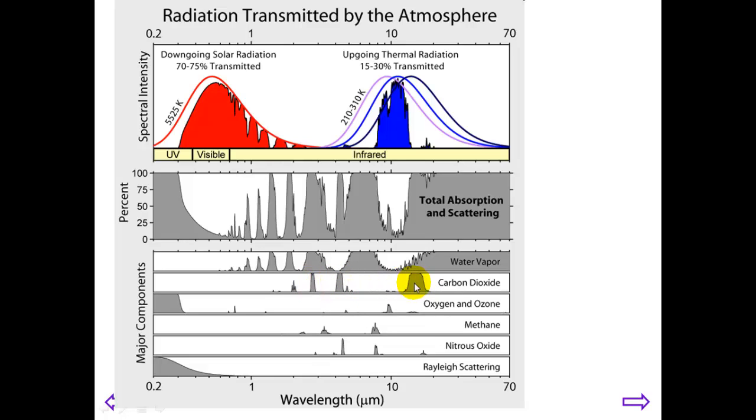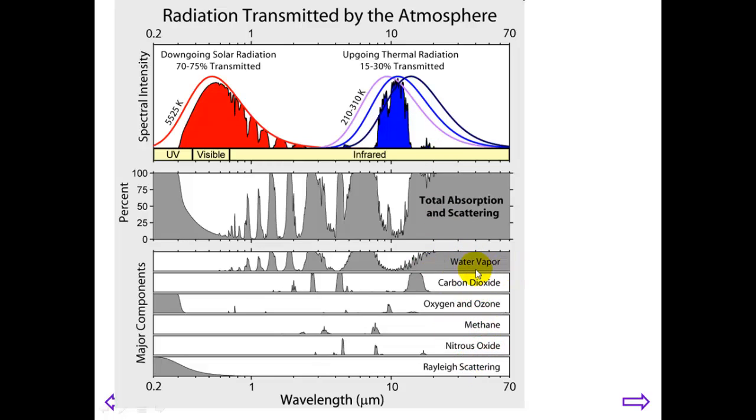Oxygen and ozone, they're also greenhouse gases. They absorb a little bit in this part of the spectrum. Methane is a little bit here and there, and so on. So in the end, the reason for our atmosphere absorbing these different frequencies is because each kind of gas absorbs a different range of frequencies.